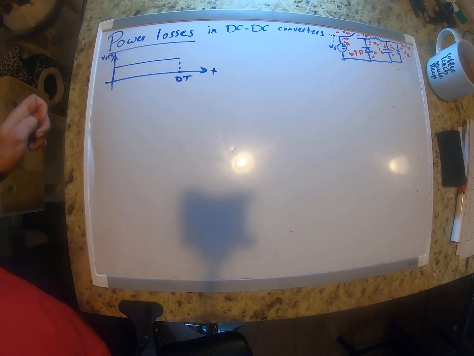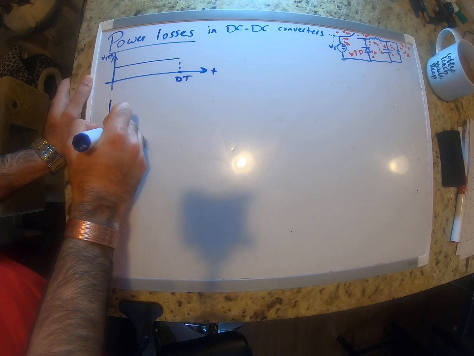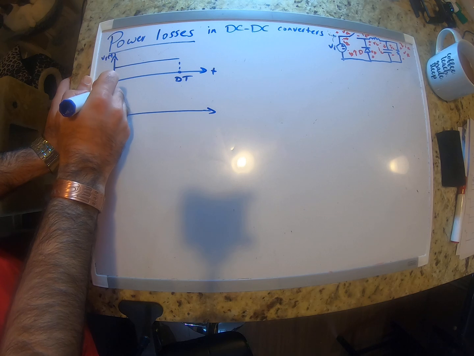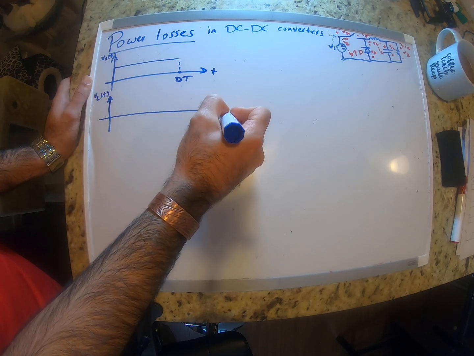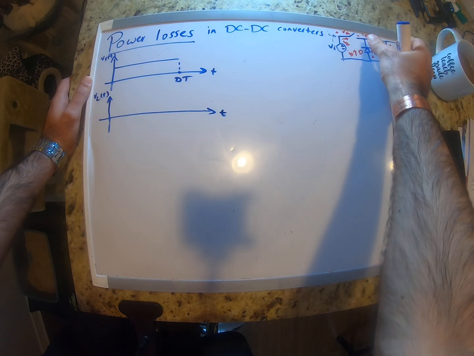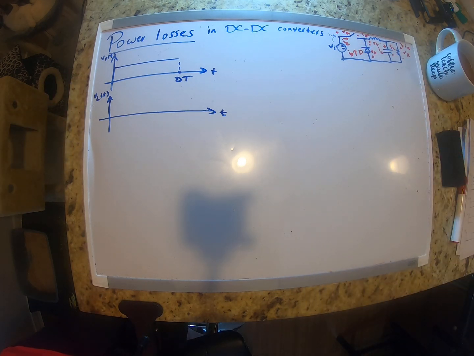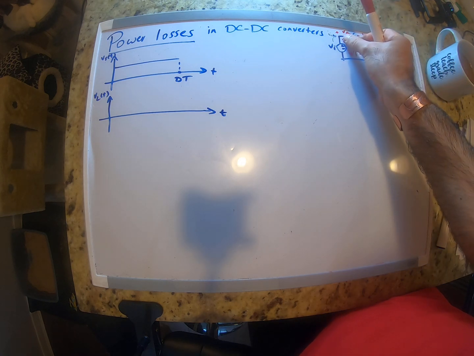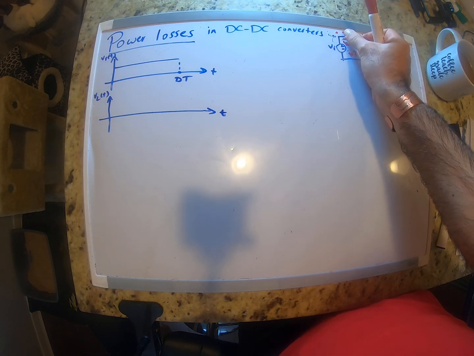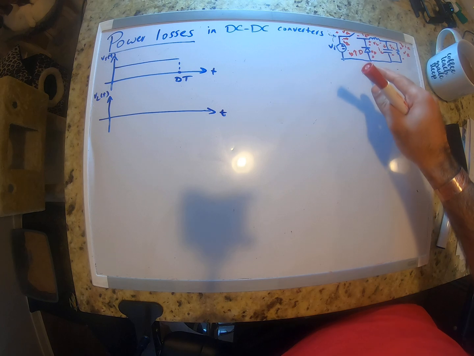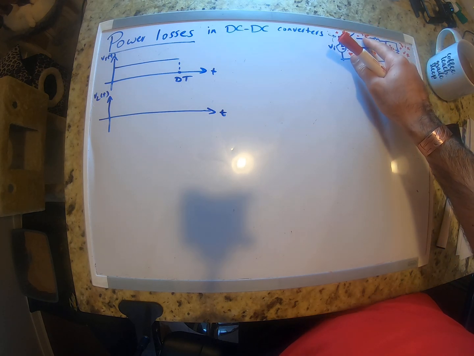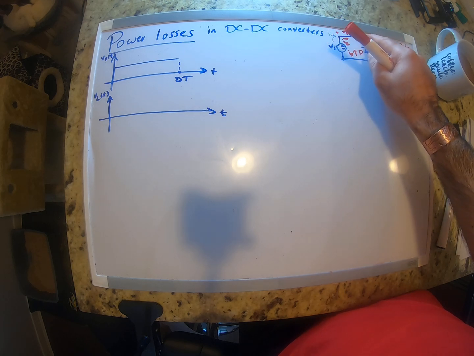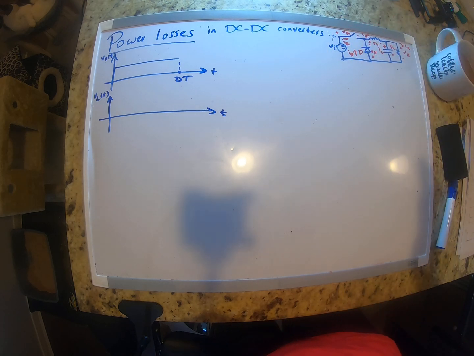Now as we did in the class, let me take a look at the inductor's voltage, the voltage across the inductor. Okay, so for the duty cycle D, this switch is on, right? So when the switch is on, the voltage across the inductor is going to be V in minus V out.